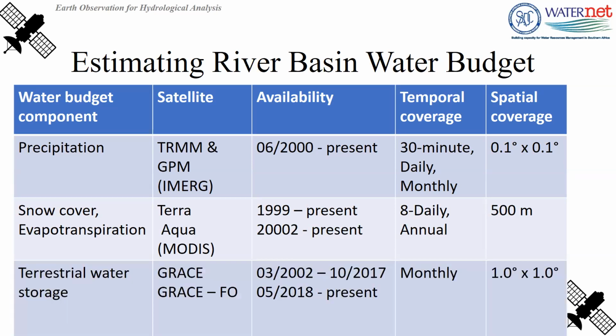And we also have the annual data sets. We'll be able to also use GRACE satellites for terrestrial water storage. And this one spans from 2002 up to 2017. These are monthly data sets also.